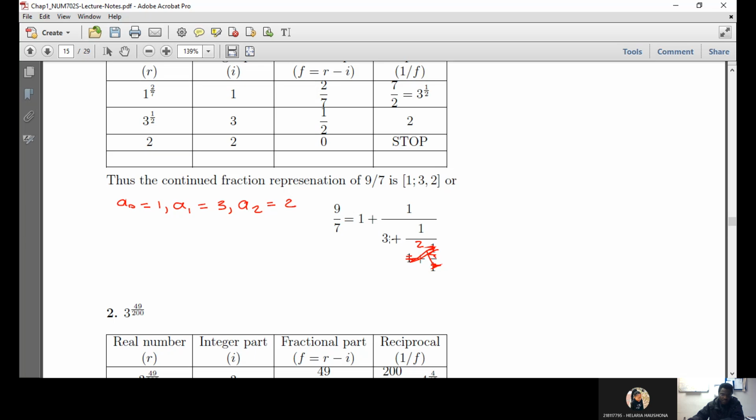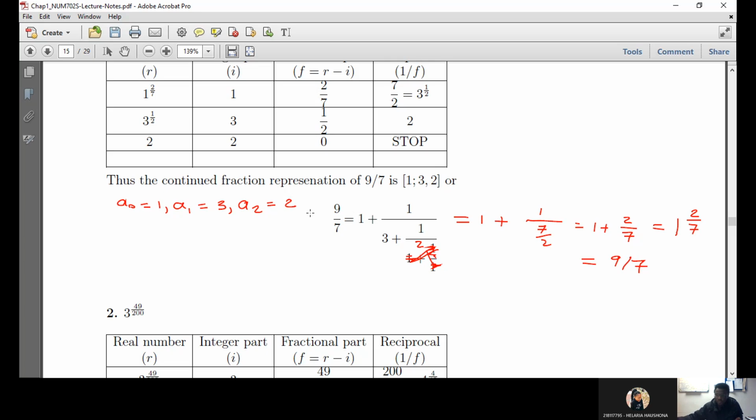If I cross multiply, 2 times 3 is 6 plus 1, 7 by 2. So this is 1 plus 1 by 7/2, which is 1 plus 2/7, which is exactly this one. Or if you want, this is 7 plus 2, 9/7. So it's the same as 9/7.